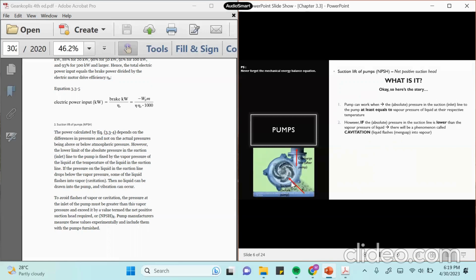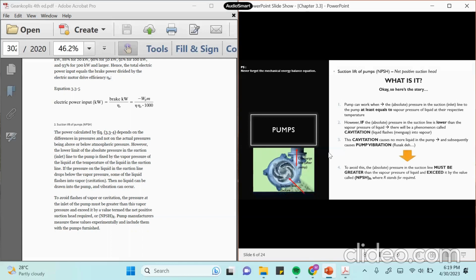We usually say the pump is kosong, empty. It's because the liquid flushes into vapors. This cavitation causes no more liquid in the pump, that's why I said kosong, empty, and subsequently causes pump vibration, so it will be broken then.